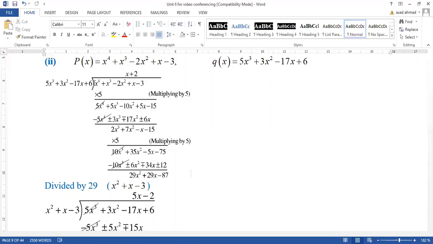So the process is that you will first multiply the coefficient of the highest power of the divisor, that is 5, with all of the terms of the dividend. If we do not do it, it will not be an easy task to go for the division. So you first multiply each term by 5. So the expression will become 5x4, 5x3, 10x square plus 5x minus 15.